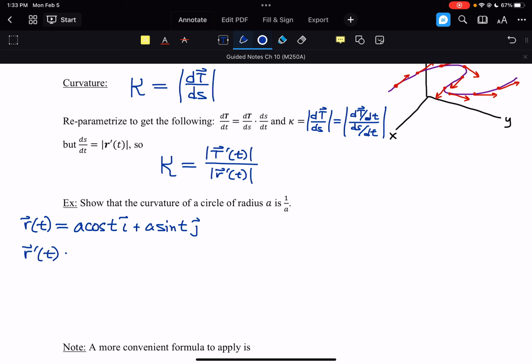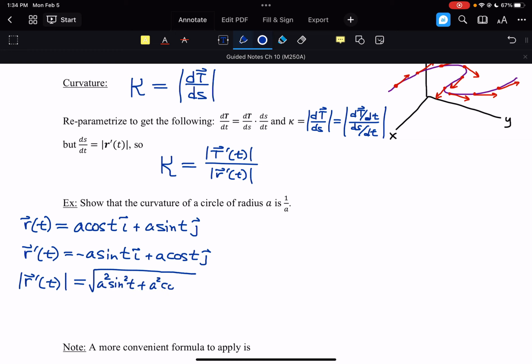So we need r prime. So it's going to be negative a sine of t i plus a cosine of t j. So we need the length of that. So that's the square root of a squared sine squared plus a squared cosine squared.